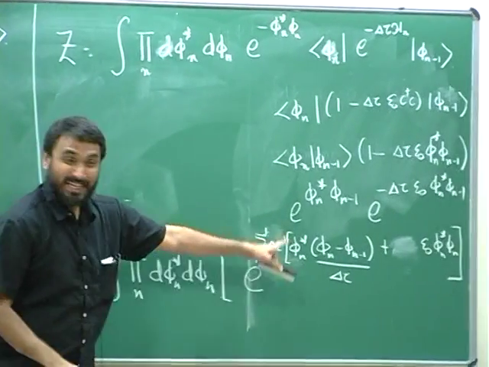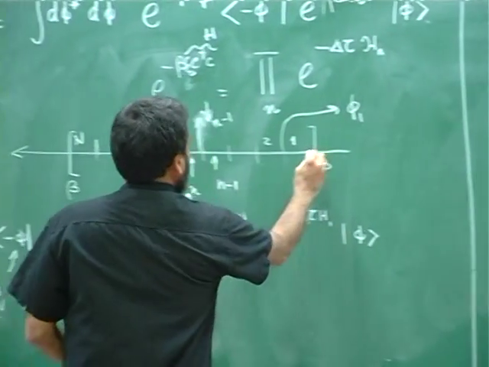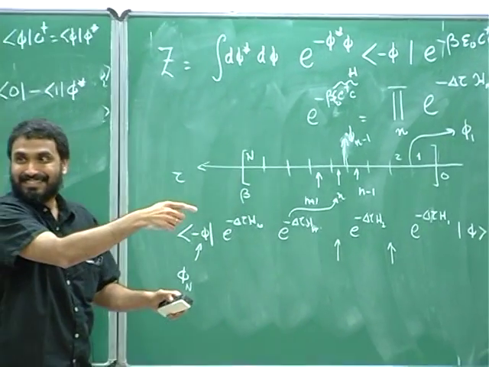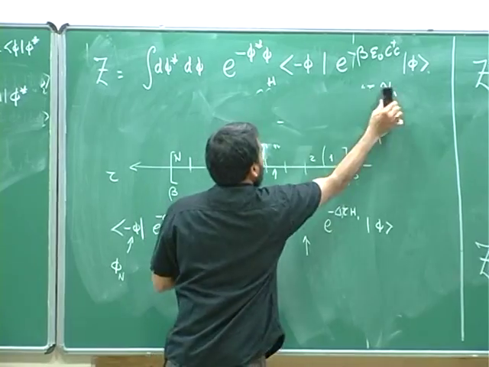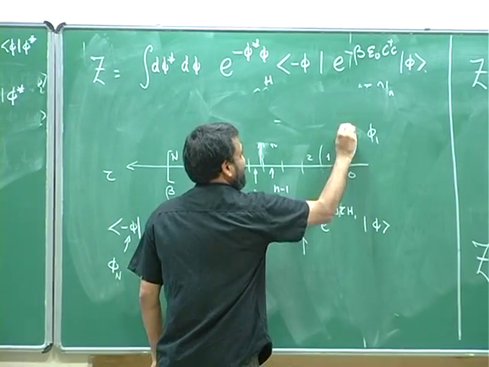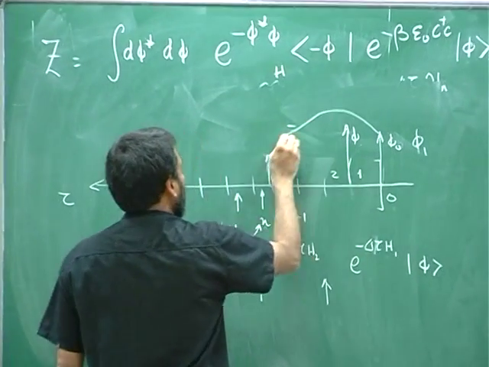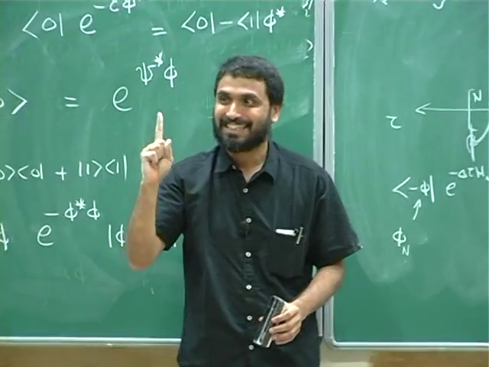This will become an integral over the set of all phi n's. You can imagine that there is some phi 1 here, phi 2 here, and so on. That sort of becomes a function, that sort of becomes a path. So let me just draw that here. Schematically, there is phi 0 here, and then phi 1, and so on. So this becomes like a path, except that this path has an interesting characteristic.